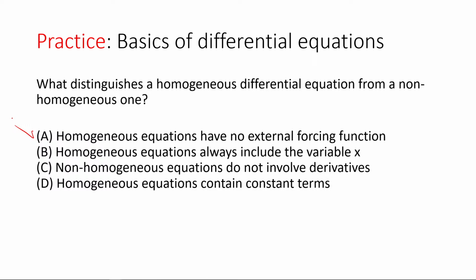Homogeneous equation always includes a variable x, meaning it could include variable x, it could include variable y. Non-homogeneous equations do not involve derivatives. Again, homogeneous equations contain a constant term. So basically, it has no external forcing function, no source or sink term.